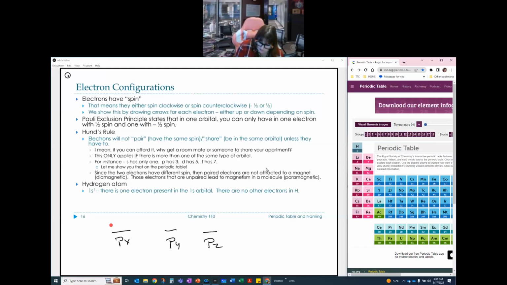When we fill this, we'll go one there, and then the second one goes into that next one, rather than both of them being in that PX. Okay, so we really don't talk about, for the most part, which specific orbital they're in. However, we do need to know what Hund's rule tells us. So that's what Hund's rule is about, is that we're not going to be in the same place if we don't have to be. Okay.